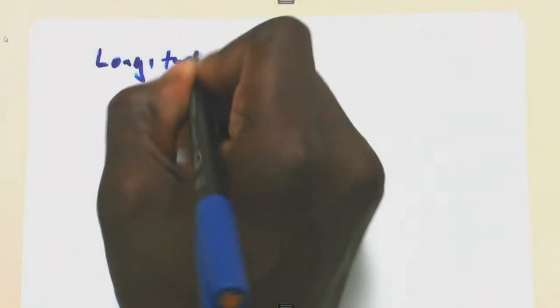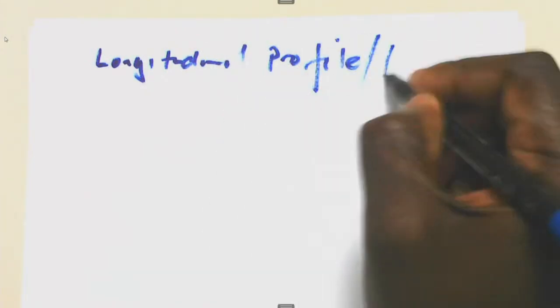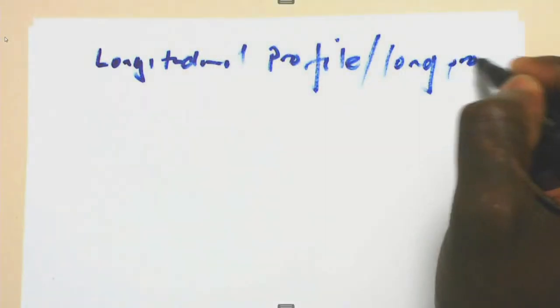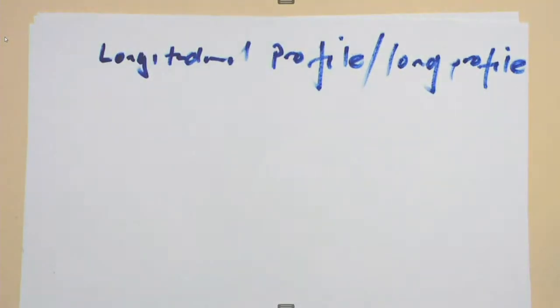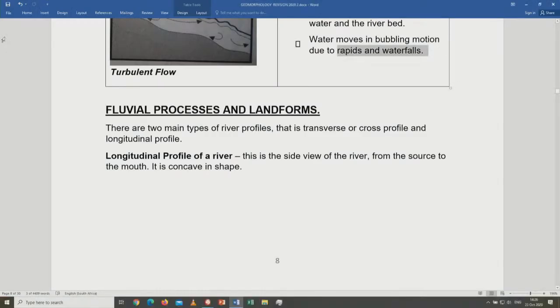We're having a longitudinal profile, or they call it a long profile. So what is that? Let's look at that. They say this is a side view of a river from the source to the mouth.